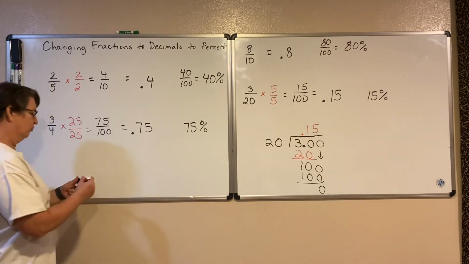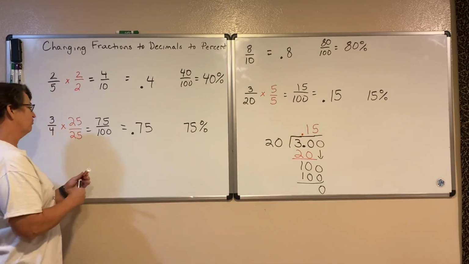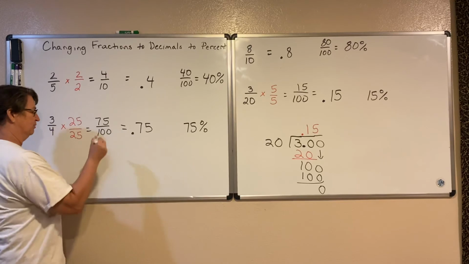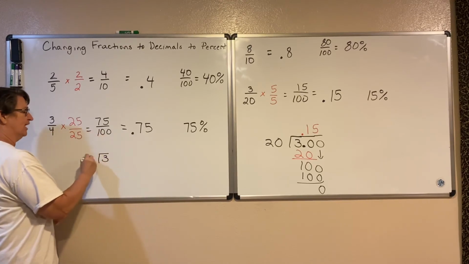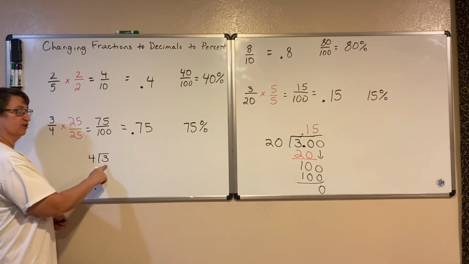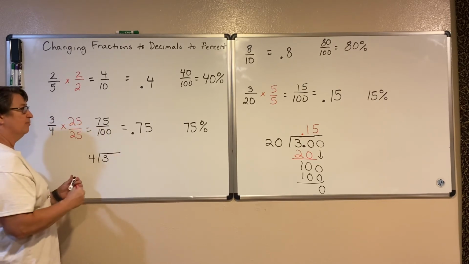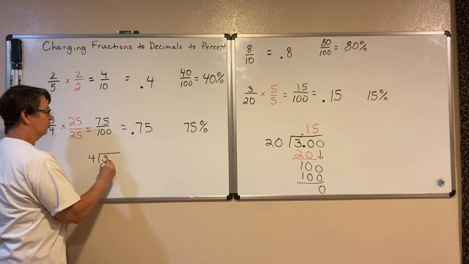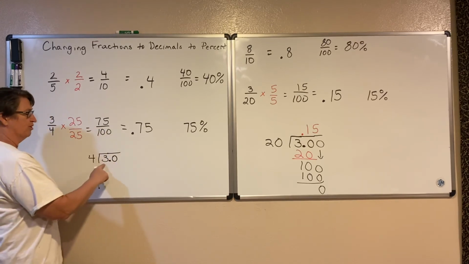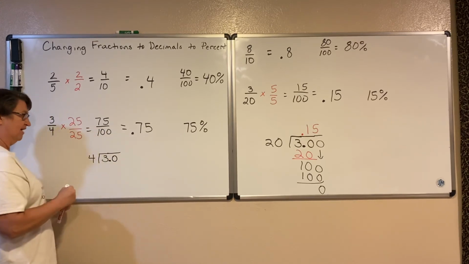Let's show one more where we just divide. Here I've got 3/4. I'll do the same thing where I just simply divide. If I take 3 and divide by 4, well, 4 doesn't go nicely into 3. So I'm going to put a decimal and add a 0. Well, 4 goes into 30 7 times.